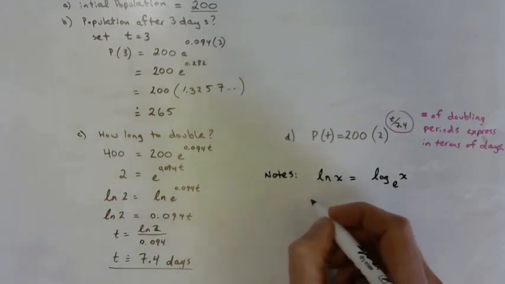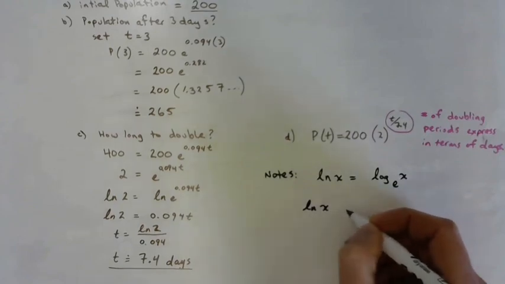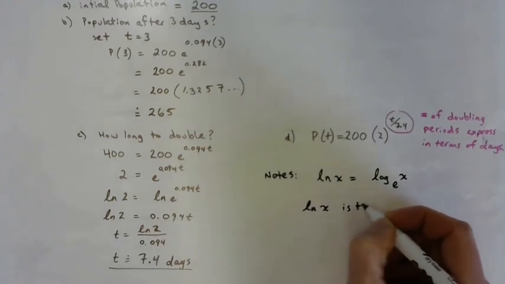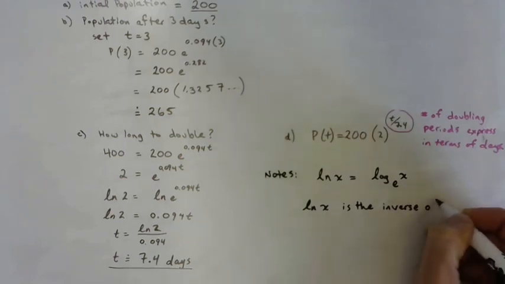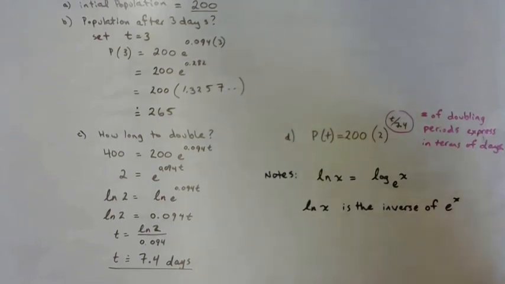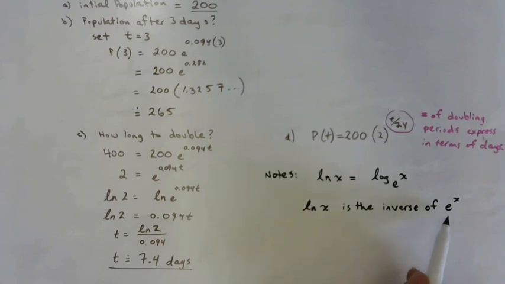We have the natural log of x is the inverse of e to the power of x. And just the concept that this letter e, the number e, and the natural log of x, log base e of x, is used in a lot of real-world applications.